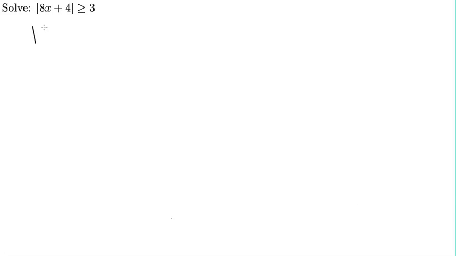The absolute value of 8x plus 4 is greater than or equal to 3. So much like our absolute value equations, we will need to split this into two individual equations. The first one, you're just going to get rid of the absolute value sign. Nothing else changes. So 8x plus 4 is greater than or equal to 3.